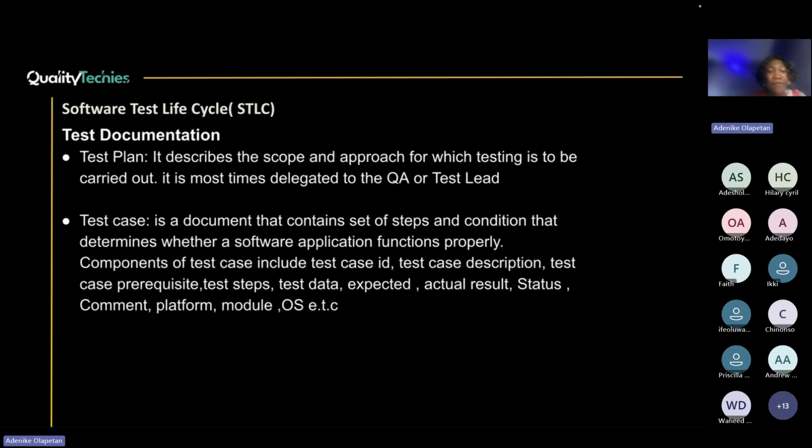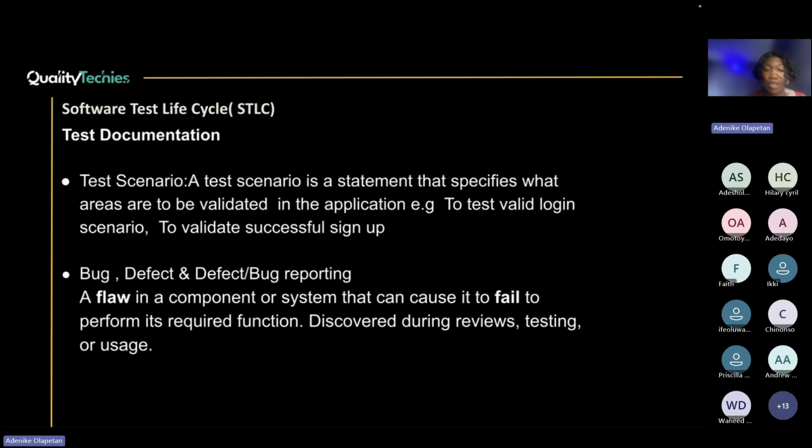So test case is a document that contains set of steps and conditions that determines whether a software functions properly. The components of a test case are test case ID, test case description, test case prerequisites, test steps, test data, expected and actual results, status, comment, platform, modules, and OS.